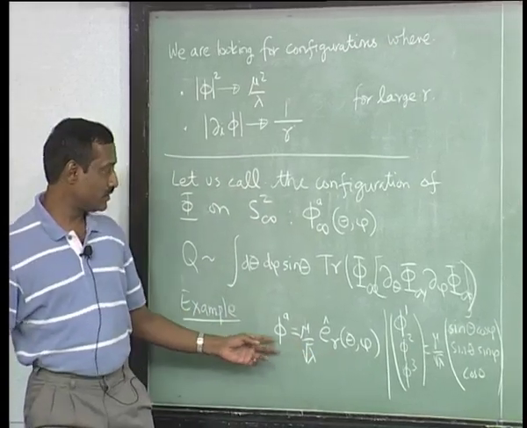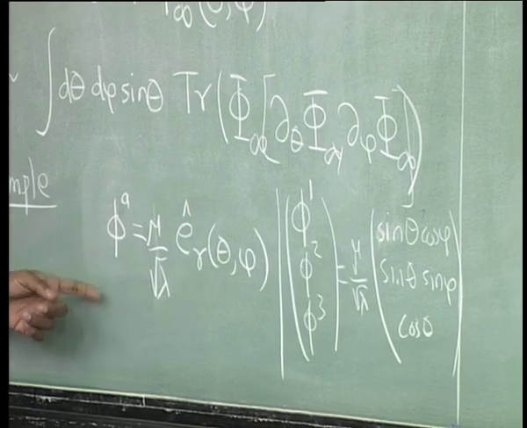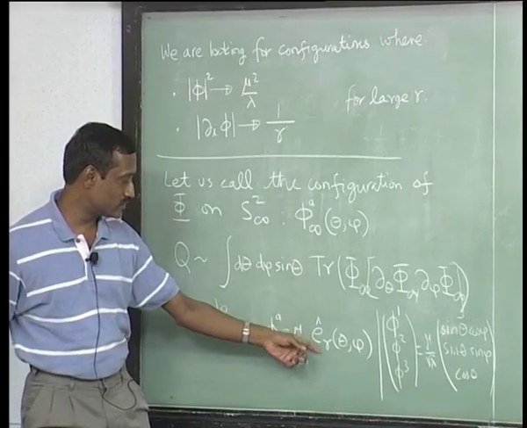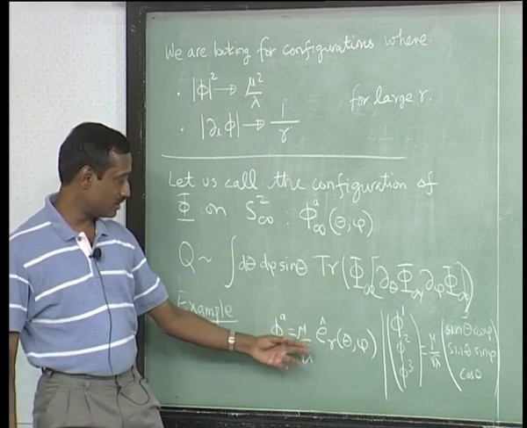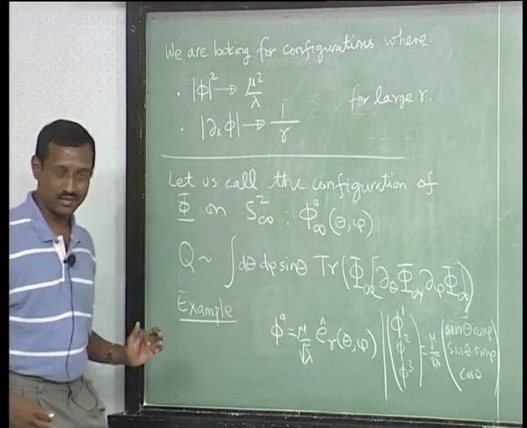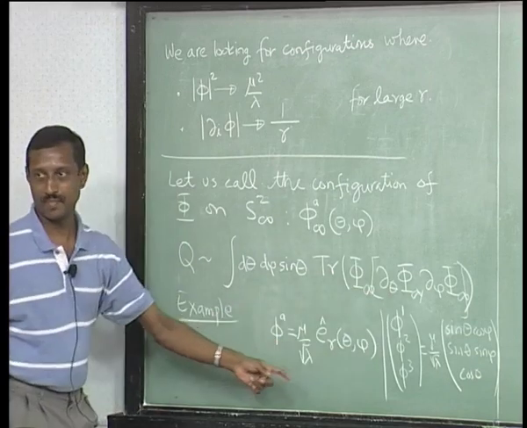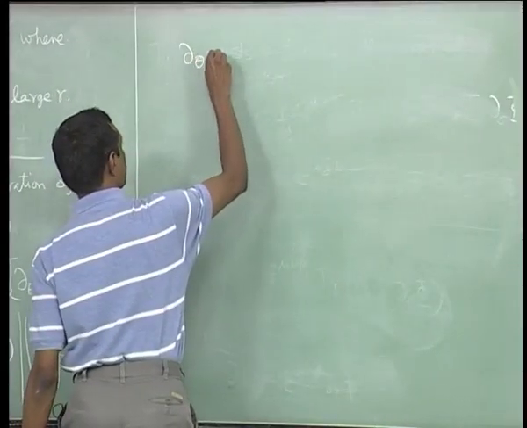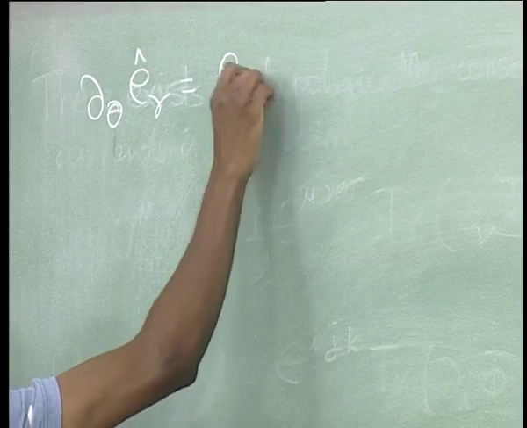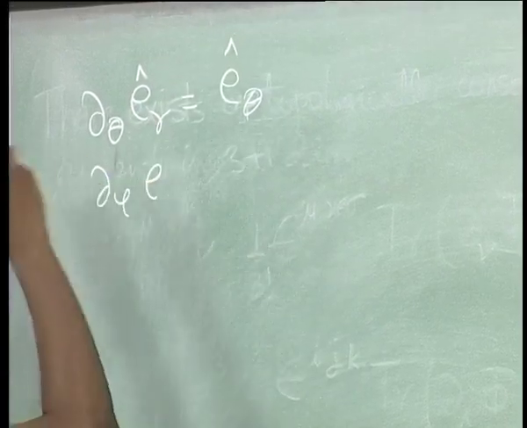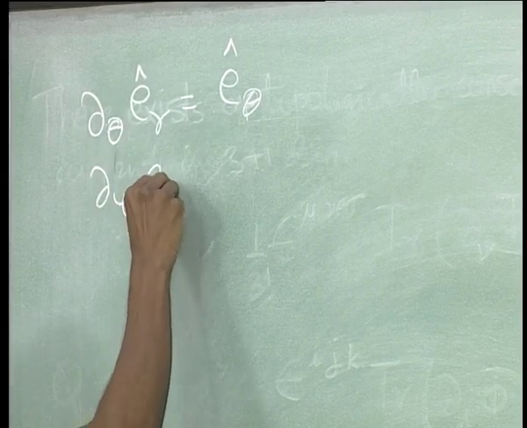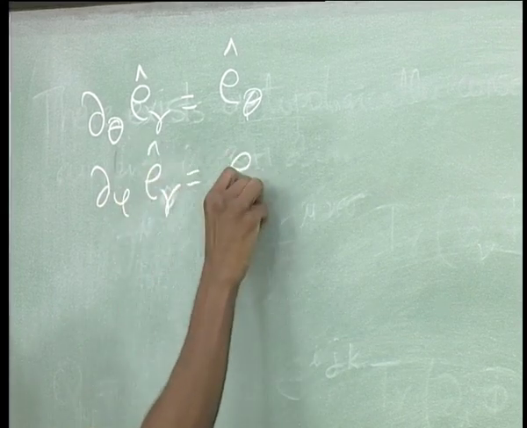I'll keep working in this fashion. What we need to do here is to work out the d theta and d phi derivatives of this, but if you think in terms of unit vectors it is very easy. d theta of E_r cap is just E theta cap, and d phi of E_r cap is along E phi cap.